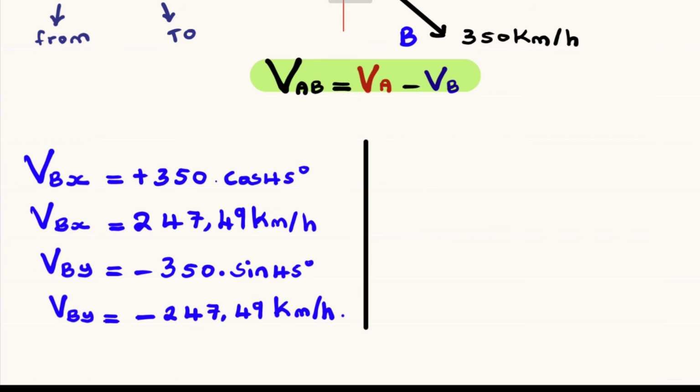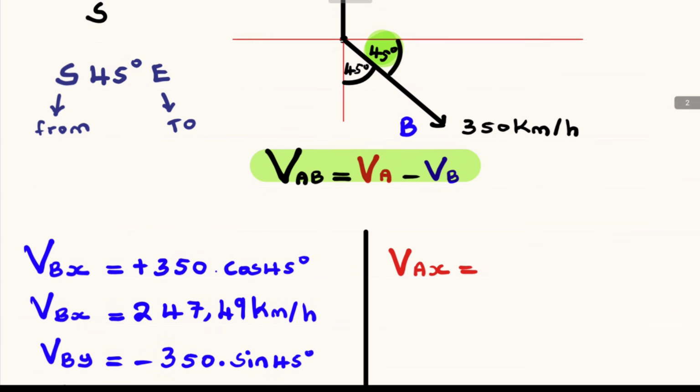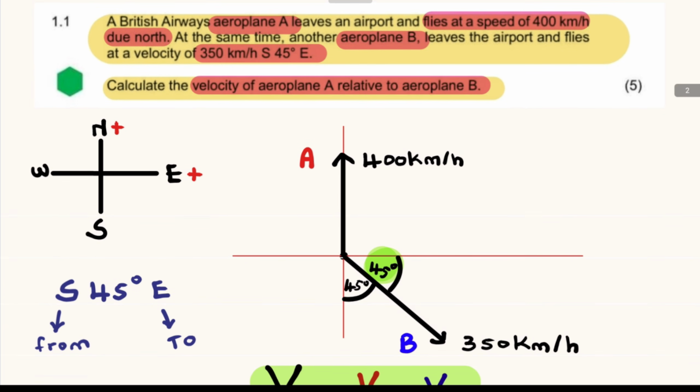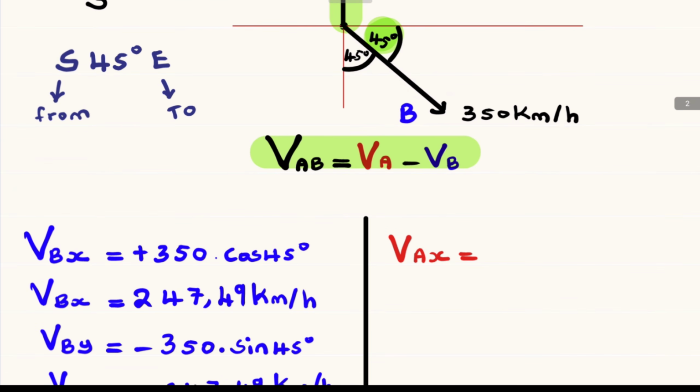Now we have to resolve the velocity of A, the horizontal component. Since it's strictly due north, the horizontal component will be 0 kilometers per hour, and the vertical component of the velocity of A will be the whole 400 kilometers per hour.